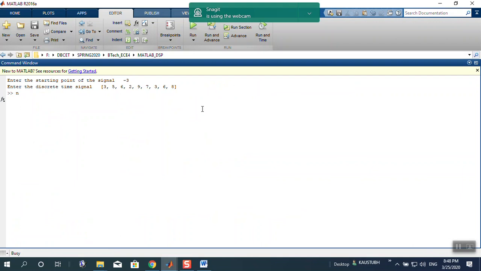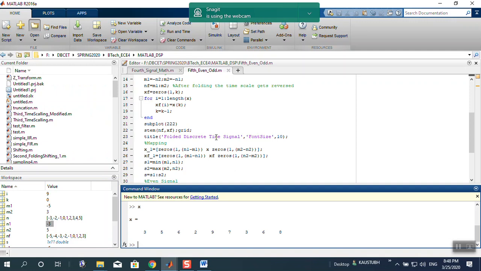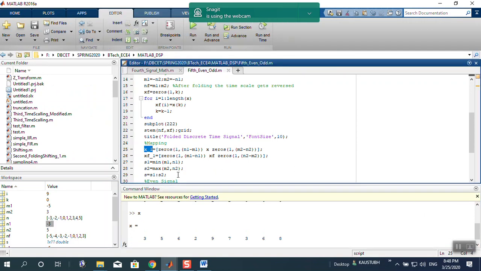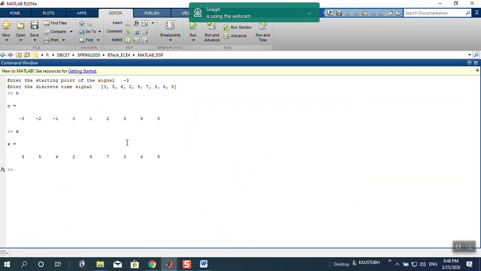So my n is this, x is this. Now the folded signal is xf. So xf is this.